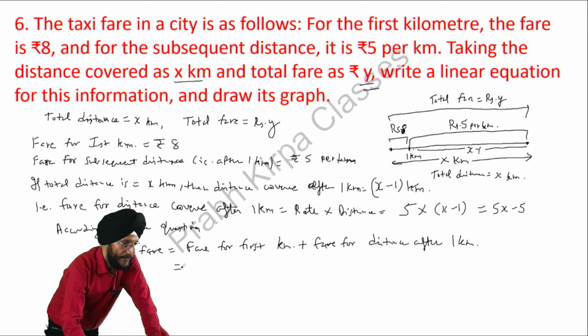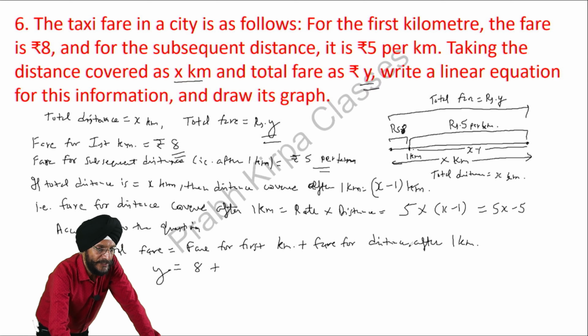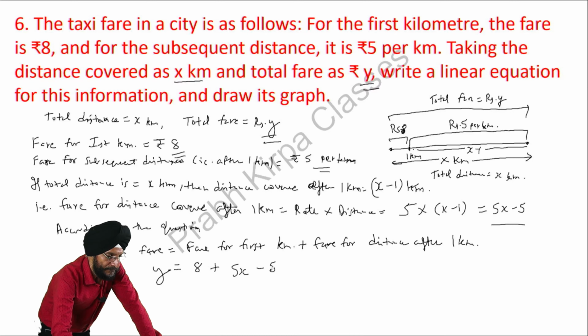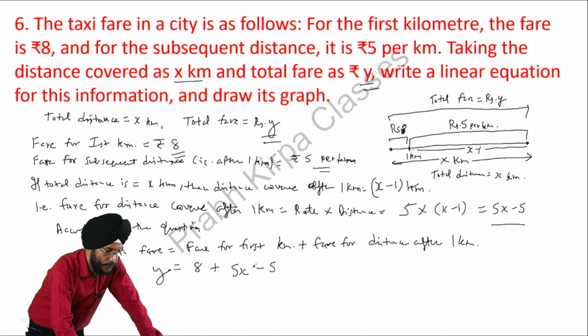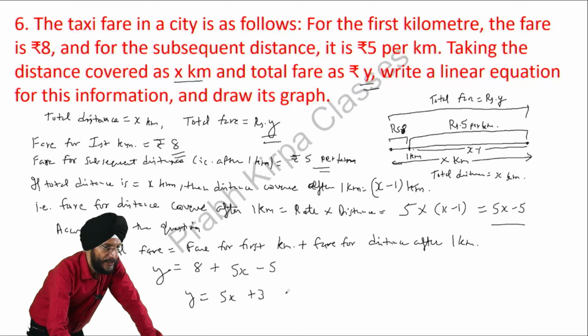Here the total fare is given as y. The fare for first kilometer is only 8. And the fare for distance after 1 kilometer is 5x minus 5, which we have arrived at. So on this basis, y is equal to 8 minus 5, 3, 5x plus 3. Here we have arrived at the equation.